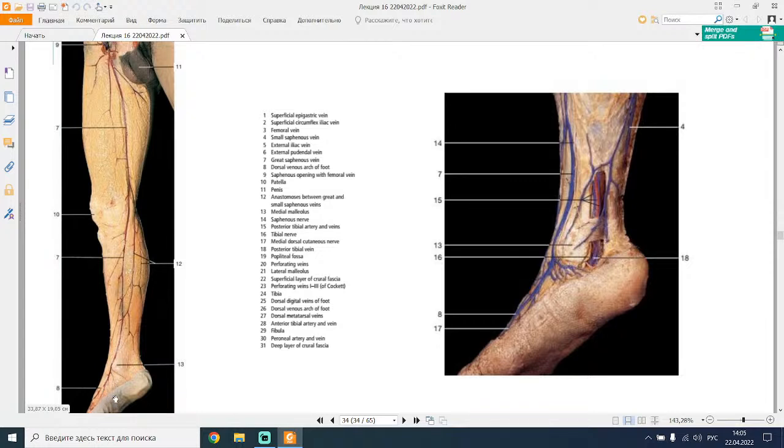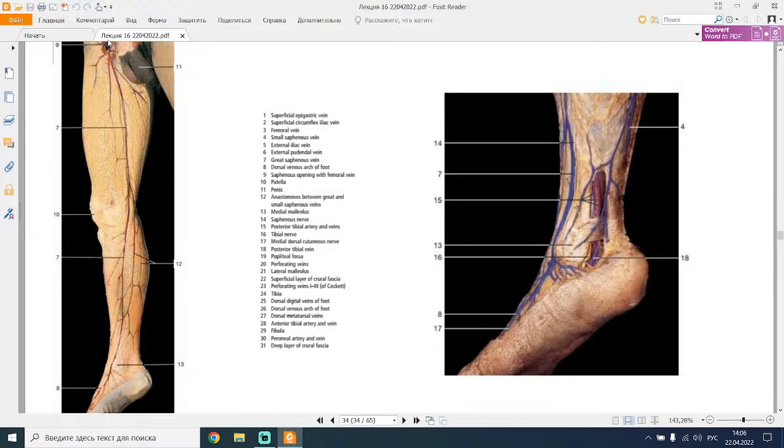Vena saphena magna. This is arcus venosus dorsalis of the foot. Vena saphena magna.